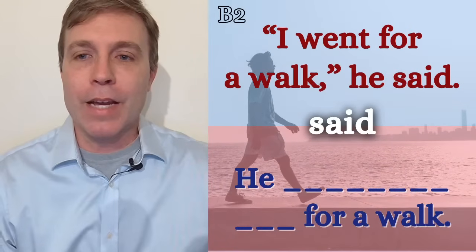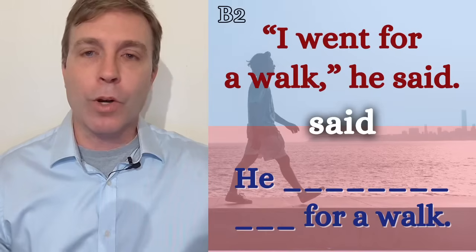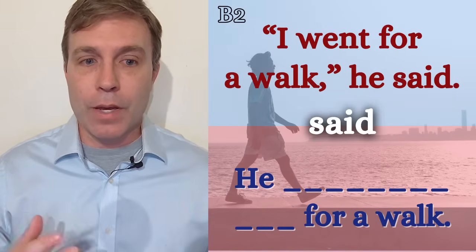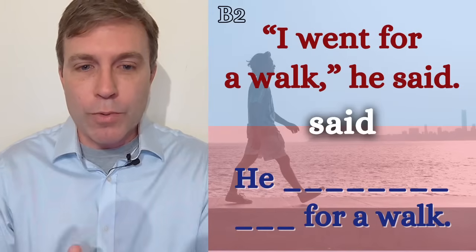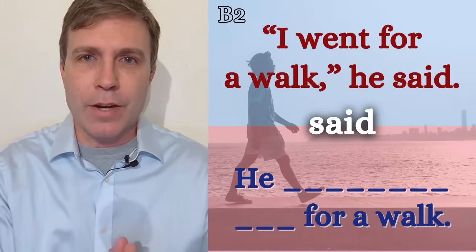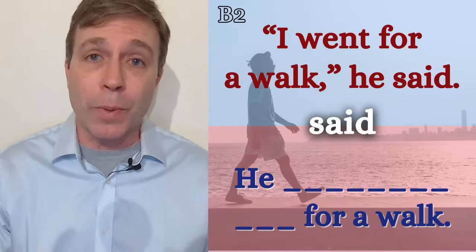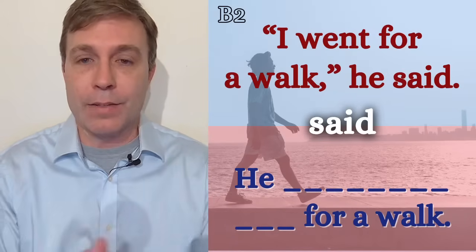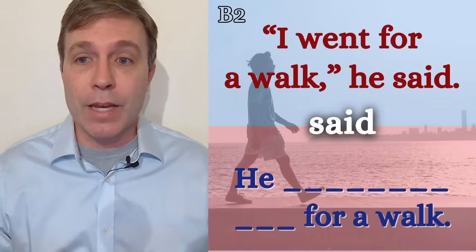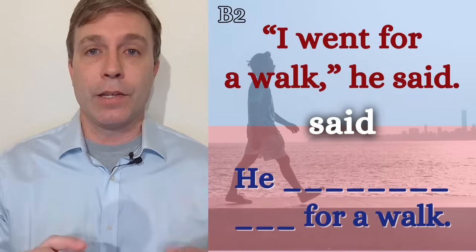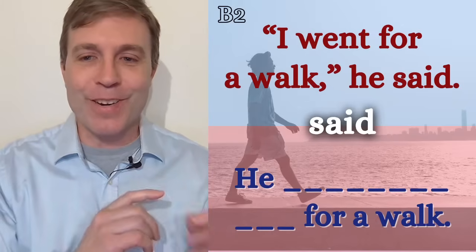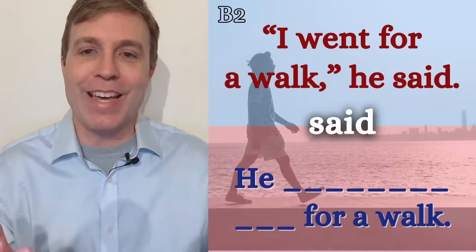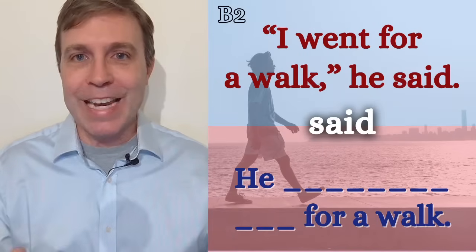The next one: I went for a walk, all right, he said. I put those quotation marks in there to show that this is direct speech. Somebody is actually saying this statement. I want you to change this and use the word said to complete this other sentence, which I'll tell you is indirect.